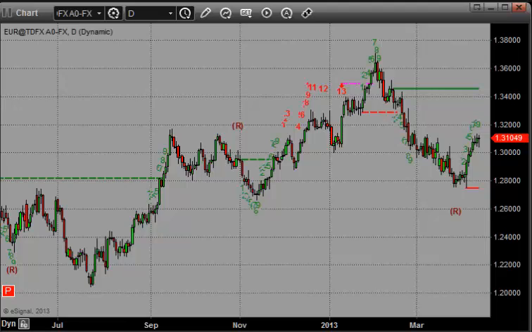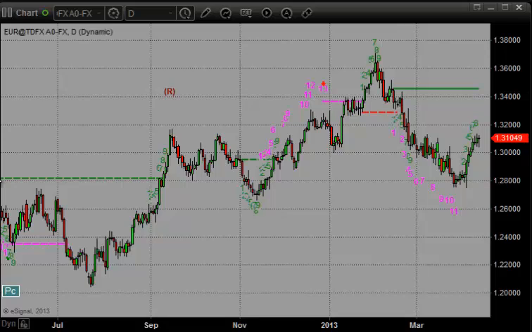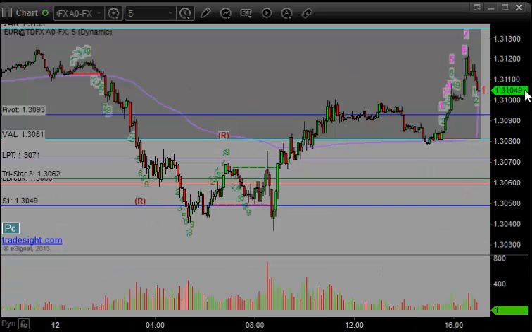If I flip to the intraday charts on some of these pairs, here's the euro, for example, in the 5-minute bars from the last session, and you can see we basically traded 100 pips of range on the euro, and that was kind of consistent with what we saw all week.